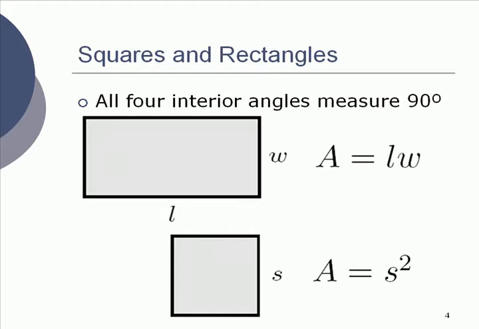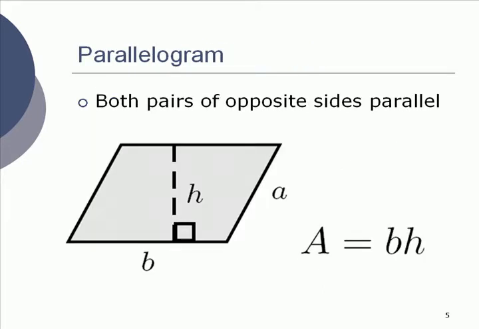Okay, well, the next one we're going to take a look at is the parallelogram. You might remember what exactly a parallelogram is by definition. There are two sets of parallel sides. That is to say, both pairs of opposite sides are, in fact, parallel. Now, to find the area of a parallelogram, we still need to know the width of the parallelogram, or the bottom or base.